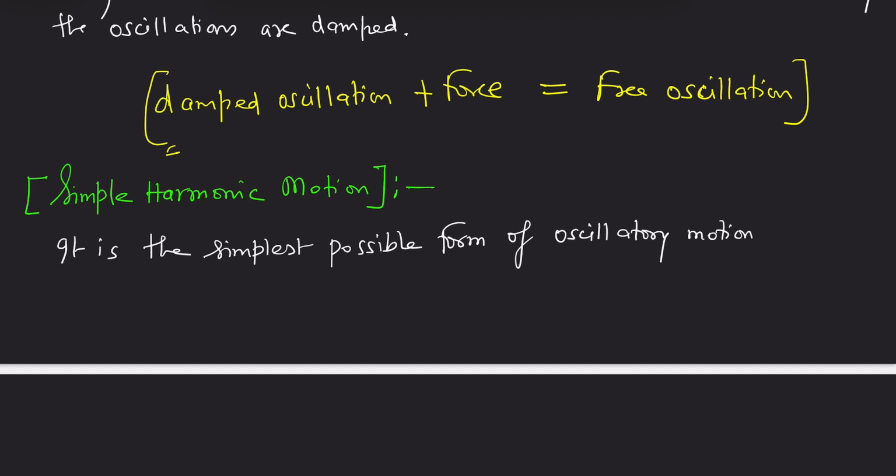In brackets, of course, it is for free oscillation only, not for any other type. So we can say in other words that it is the simplest possible form of free oscillation.